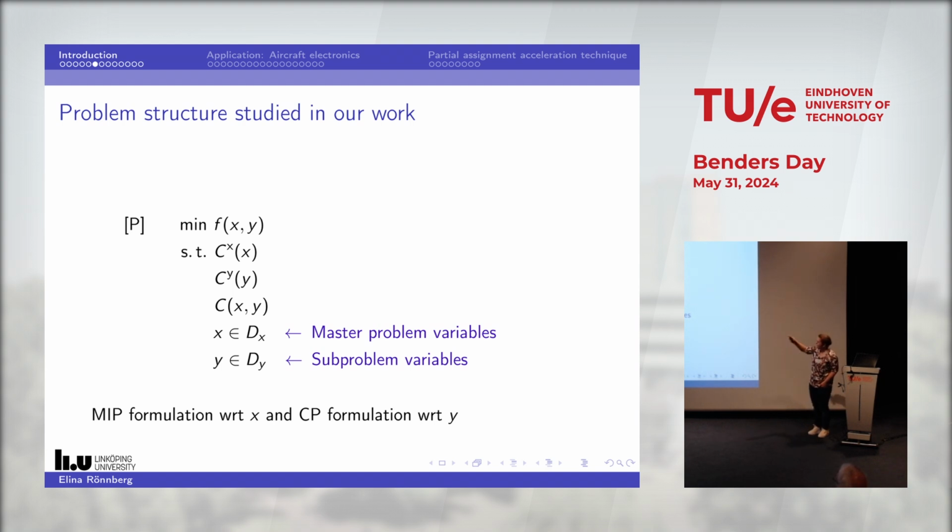This influences my notation a bit. I will work with binary master problem variables and an objective that most of the time only depends on the x decisions. And of course, then we will have some constraints with respect to the x variables only and with the y variables only, and then some constraints that connect them.